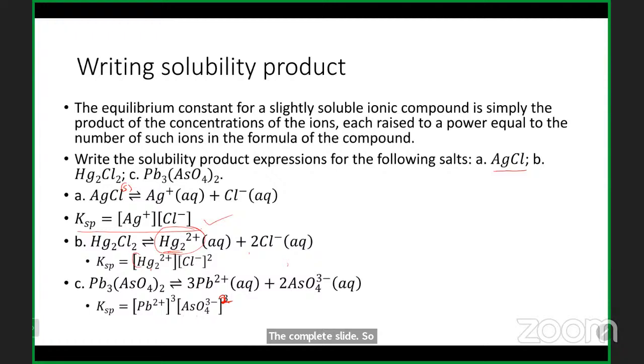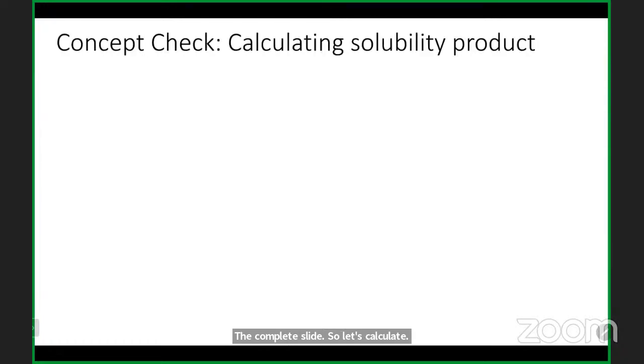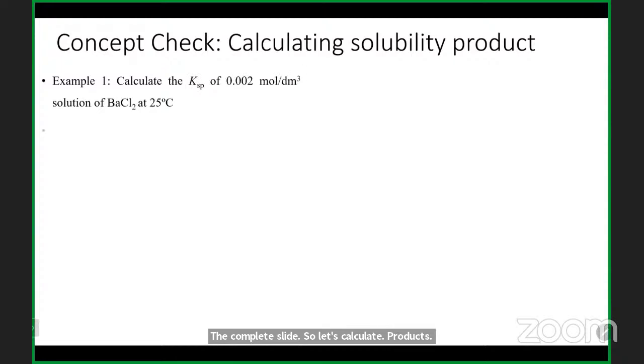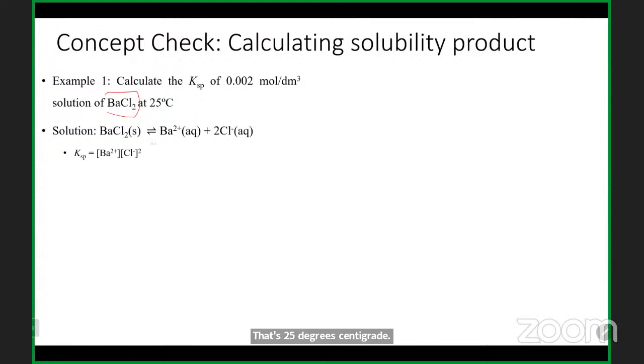So let's calculate a solubility product. Calculate the Ksp of 0.2 molar BaCl2 at 25 degrees centigrade. BaCl2 dissociates as follows, which means we can simply write it like that. So for Ksp, the solution is 0.2 molar, which means that's the amount of ions that are dissolved.